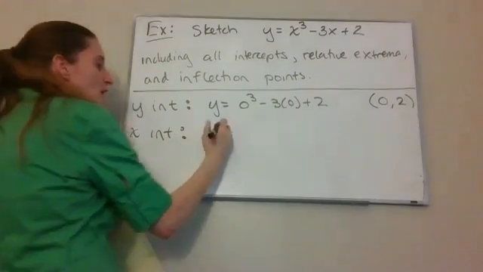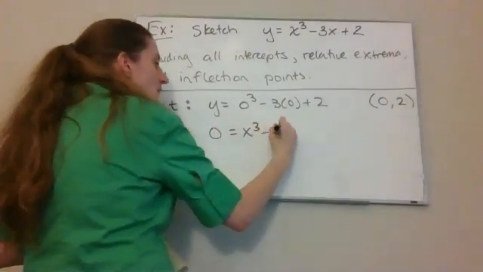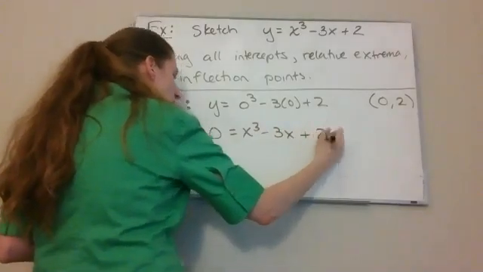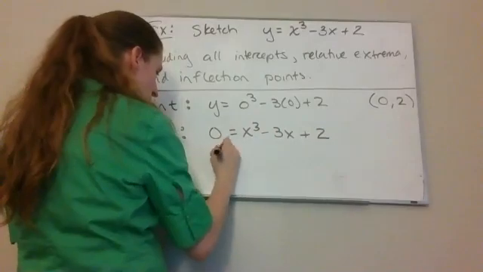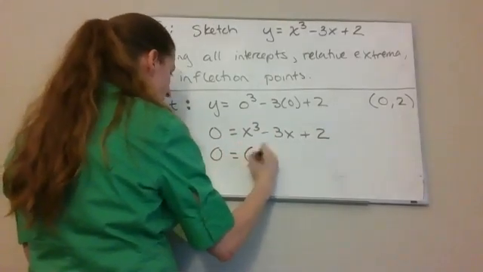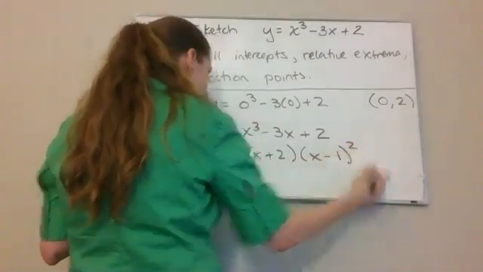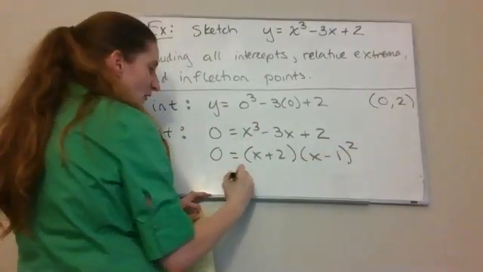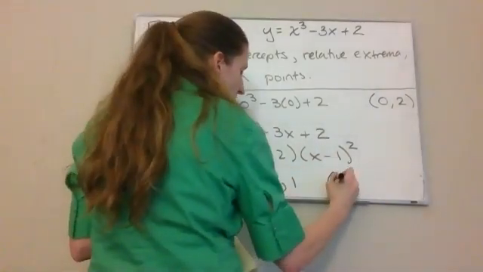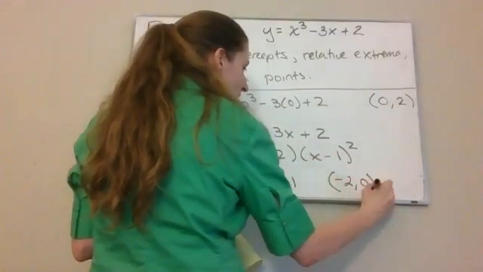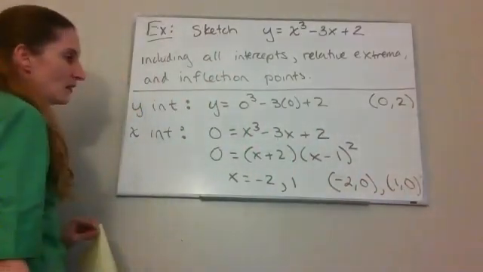For my x-intercept, I need y to equal 0. To solve that, we would need to factor. And you will get x plus 2 times x minus 1 squared. So I get x-intercepts of -2 and 1. So I have -2, 0, and 1, 0 as my x-intercepts.